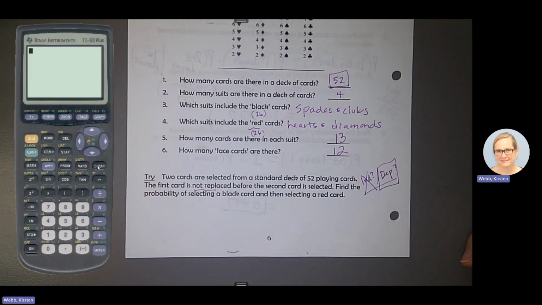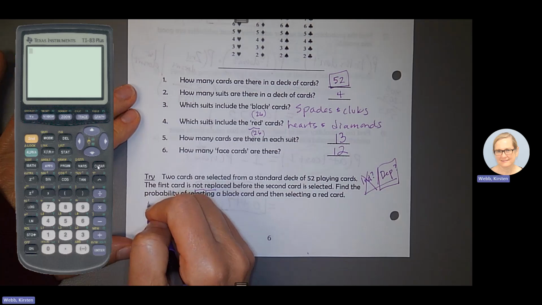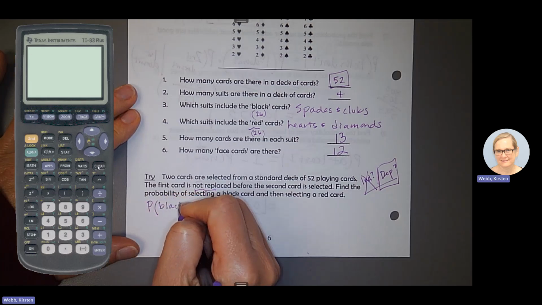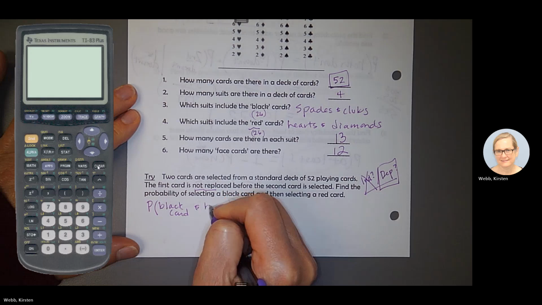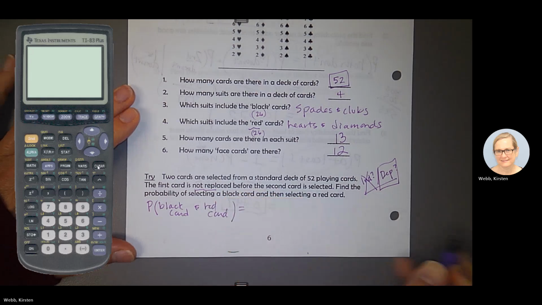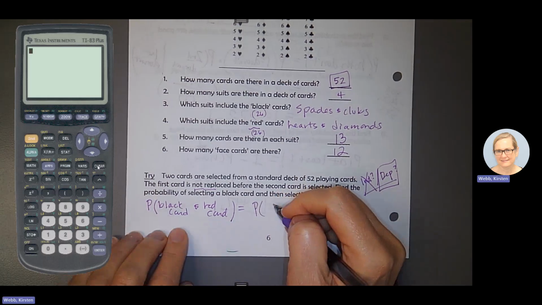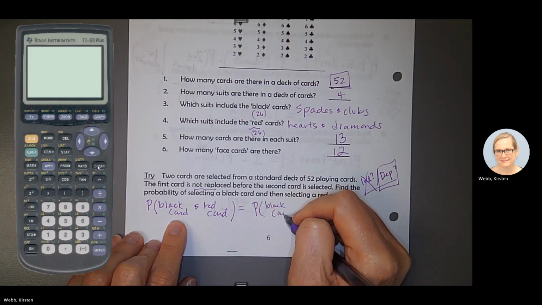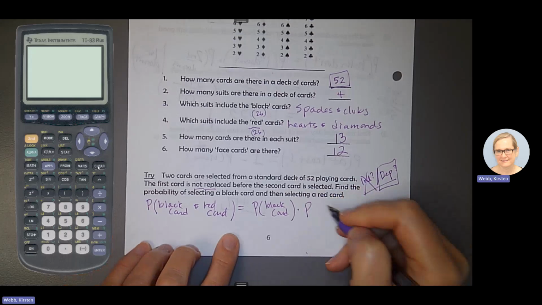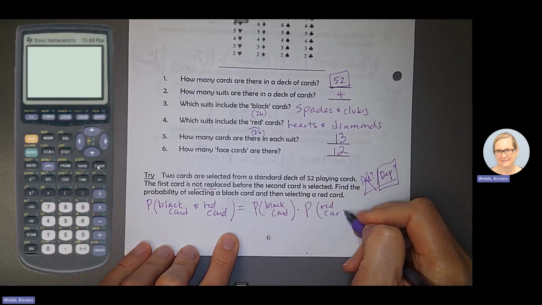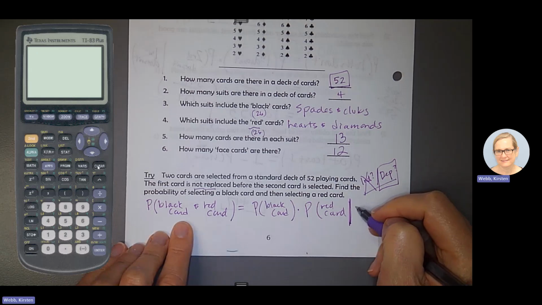So we're gonna need to use that conditional probability to find the probability of a black card and then a red card. Looks like choosing a black card would be the event A, choosing a red card would be the event B. So we'll start with the probability of choosing a black card, and multiply by the probability of choosing a red card, assuming that the first card was black.